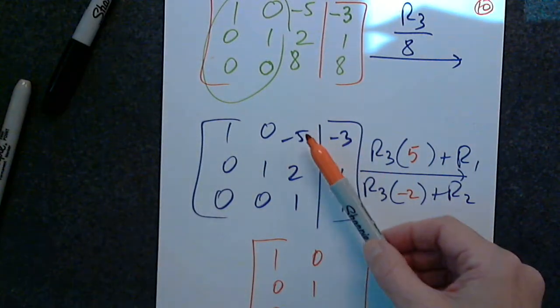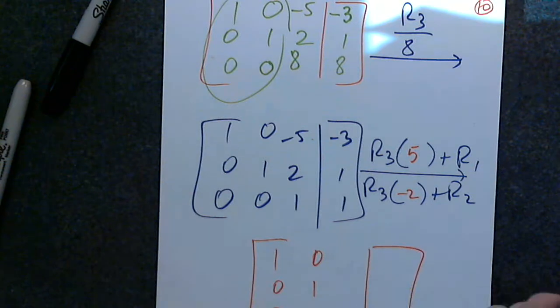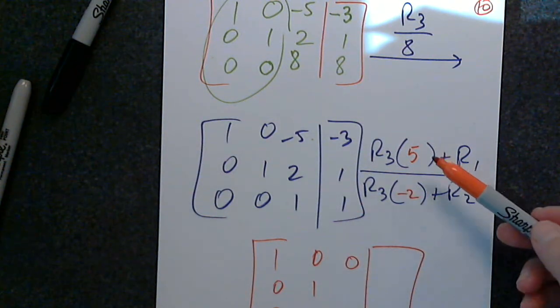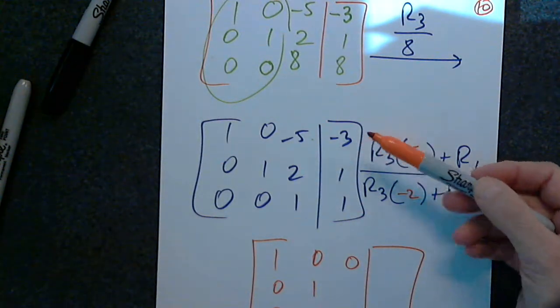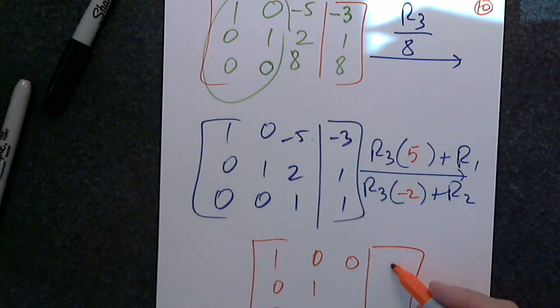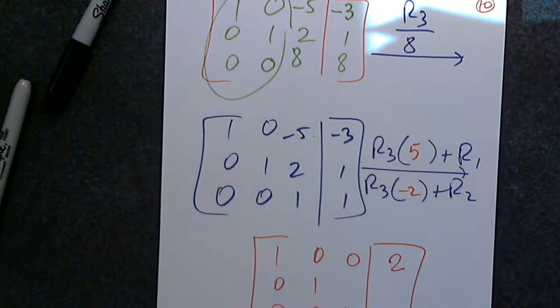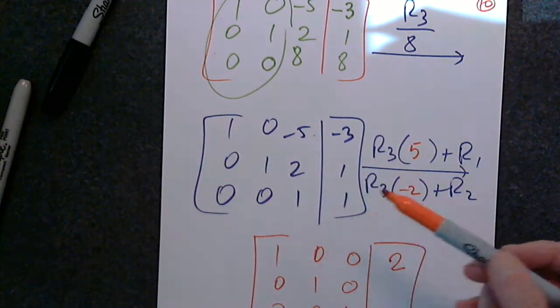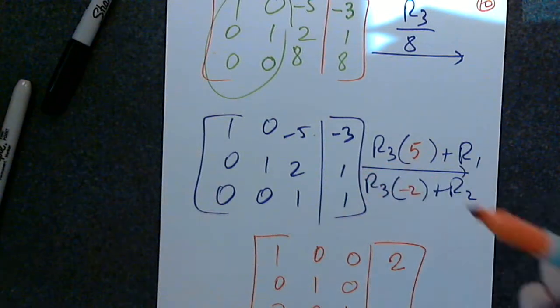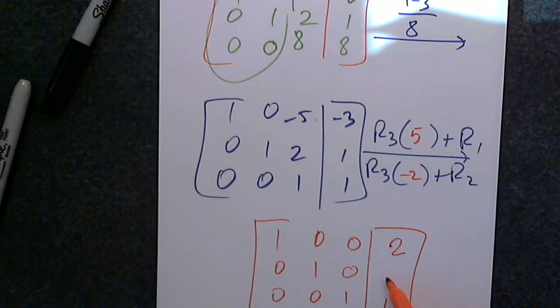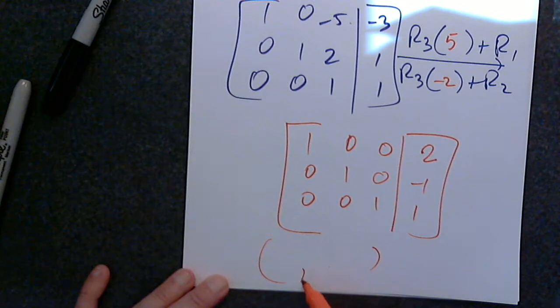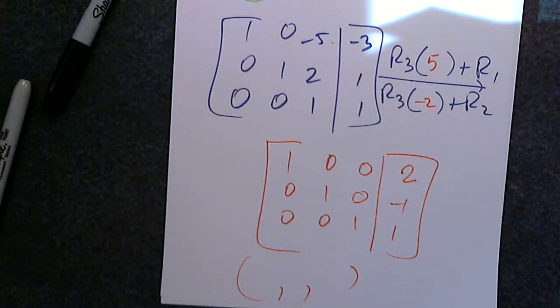1 times 5 minus 5. Excellent. 1 times 5 minus 3. 2. Very good. 1 times negative 2 plus 2. 1 times negative 2 plus 1. We hope we can be certain.